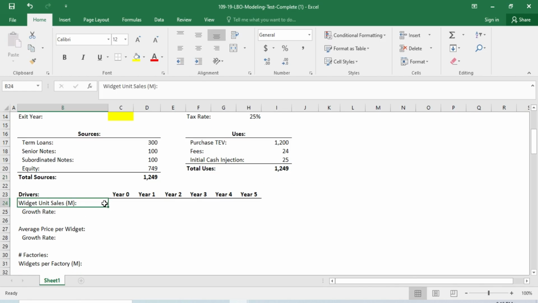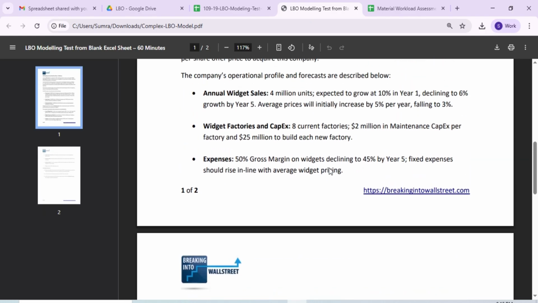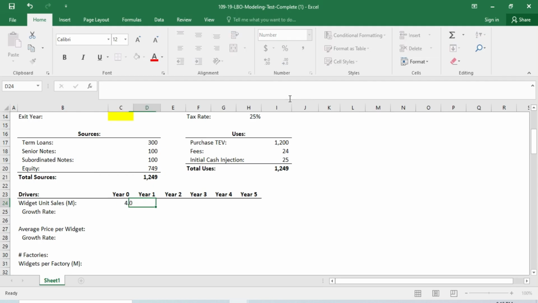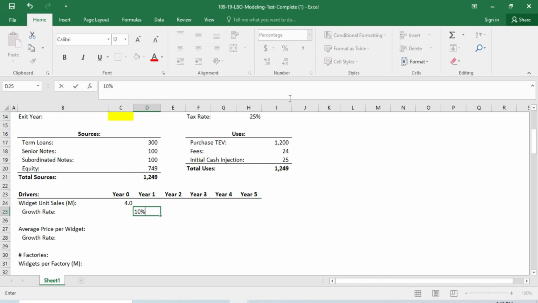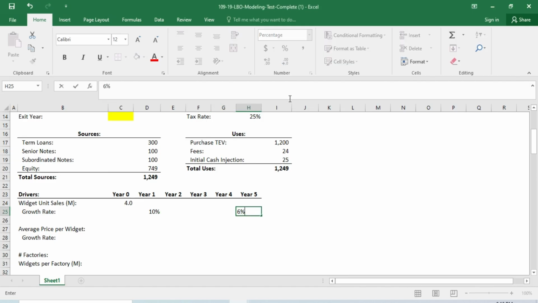Right now, we have the information about widget sales, 4 million units, expected to grow 10% in year 1, declining to 6% by year 5. Average prices will initially increase 5% per year, falling to 3%. So we'll start with 4 million, and the growth rate is 10% in year 1 and declining to 6% by year 5.